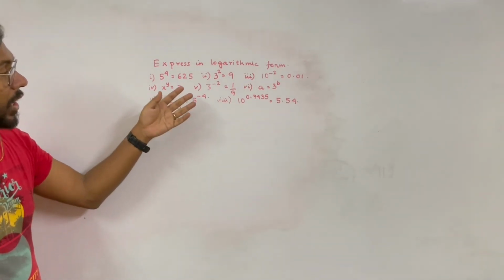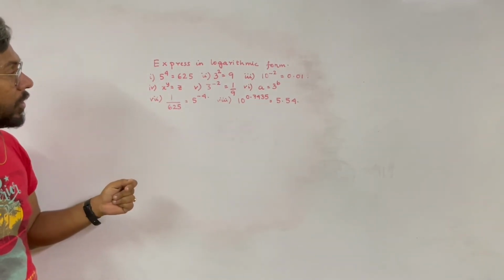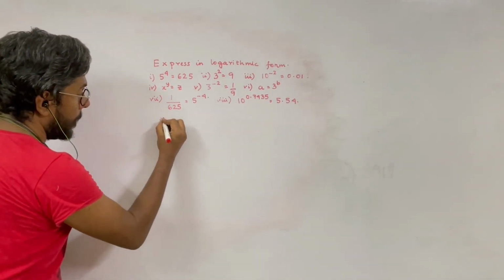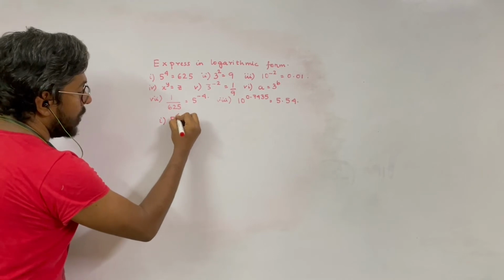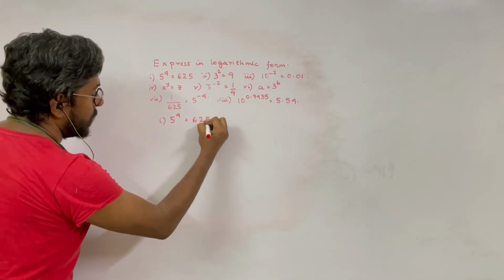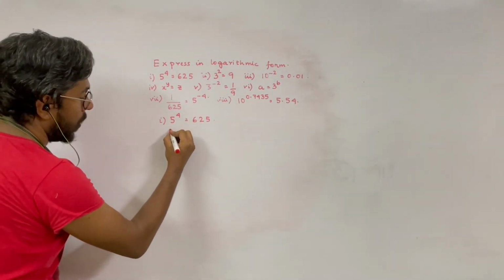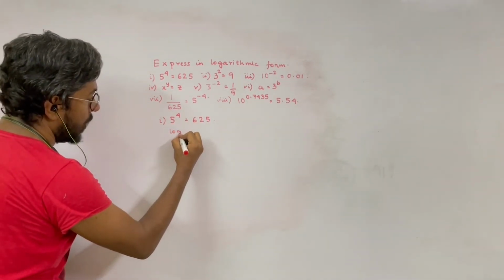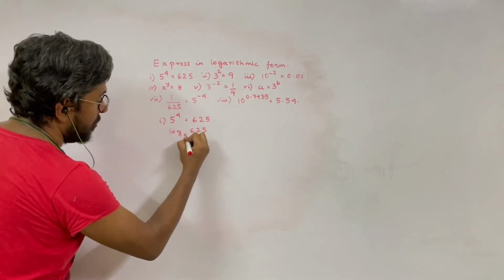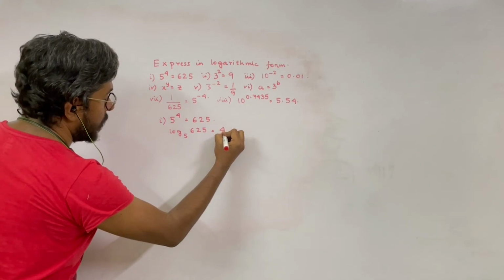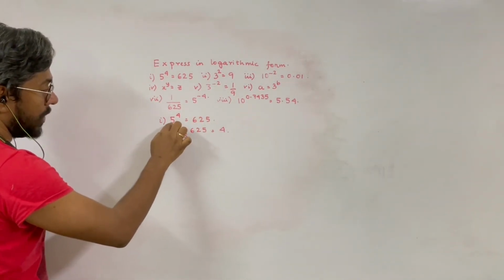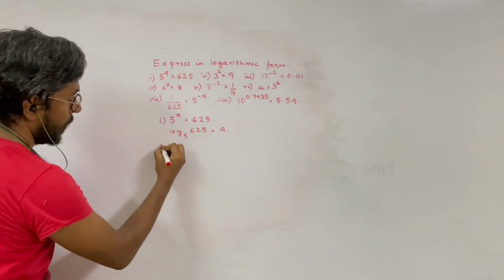Here we have exponential forms which we need to convert to logarithmic forms. So let us see how to do them. The first sum is 5 to the power 4 equals 625. When we apply log, we will have log 625 base 5 equals 4.